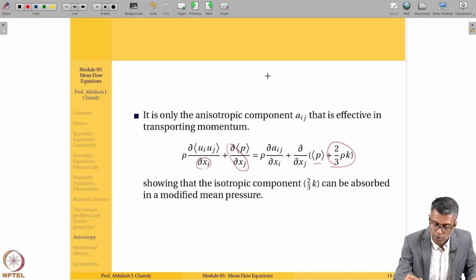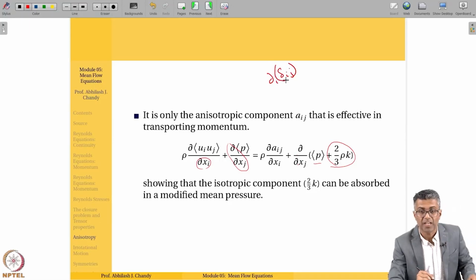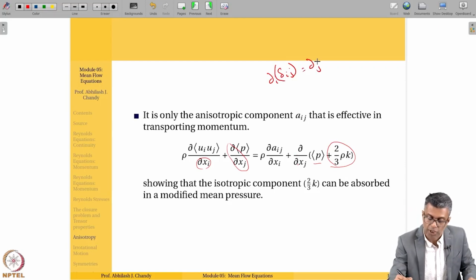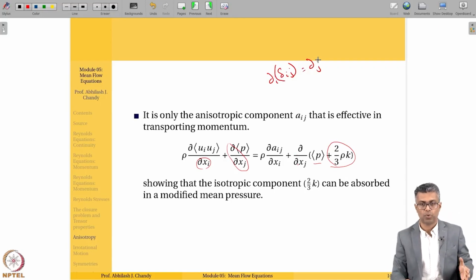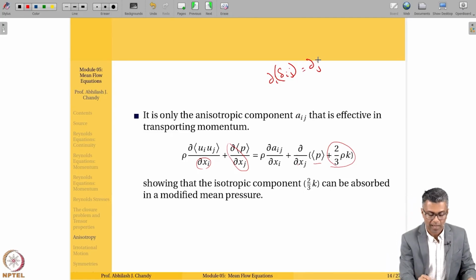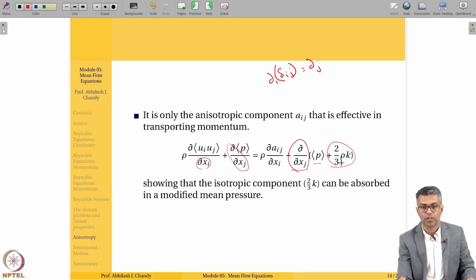Keep in mind, just so that you understand, del i delta Ij is del j. Basic rule, right? The Kronecker delta switches the derivative index. So you have del i delta Ij is del j, and that is what is happening here, where I have del j of P plus 2/3 rho K.